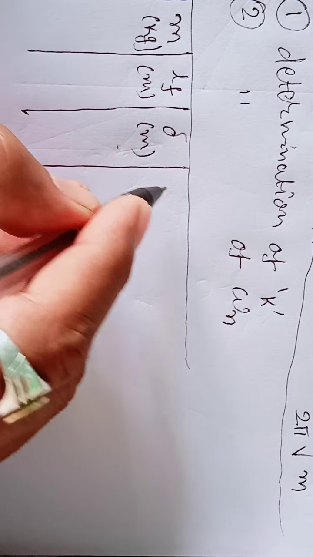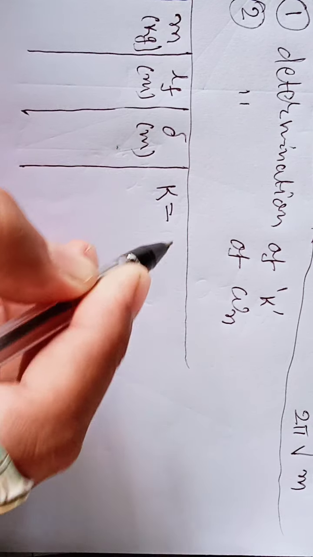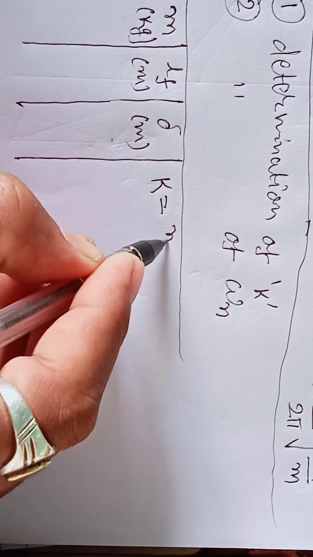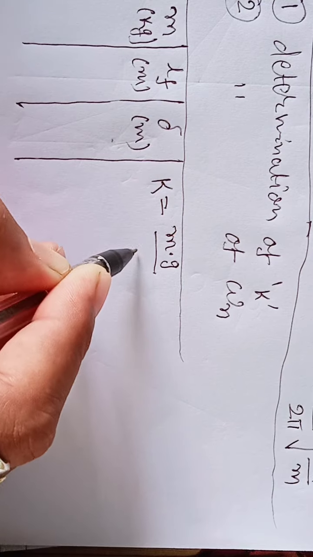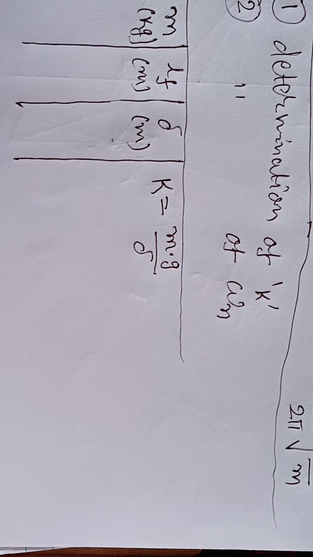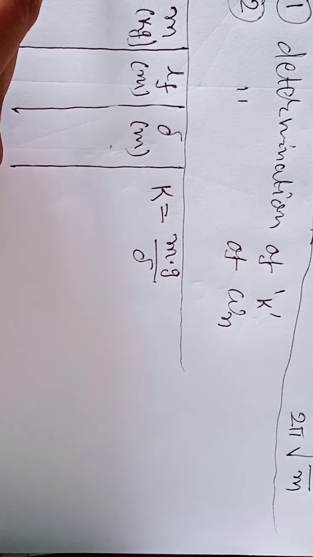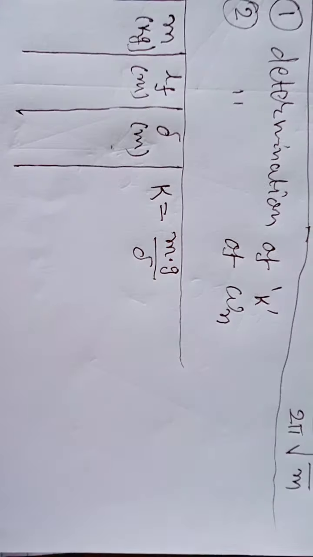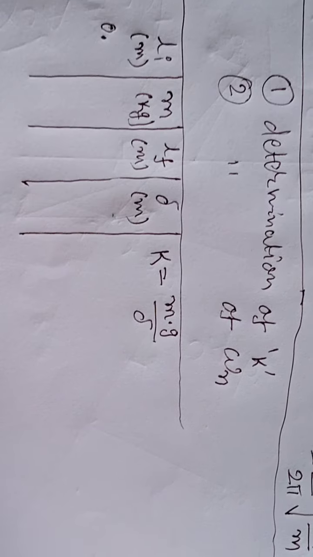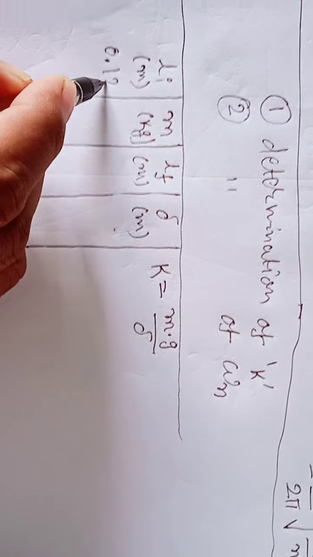From deflection we are going to find out stiffness constant, which is equal to mass into gravitational acceleration divided by deflection delta. Whatever value of mass that you are putting, suppose initial length is 0.12 for our case.